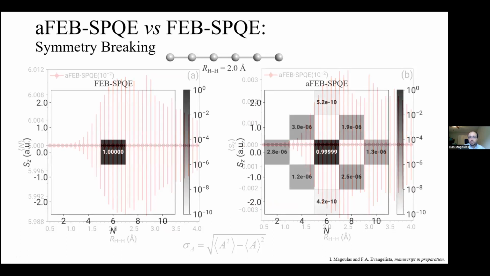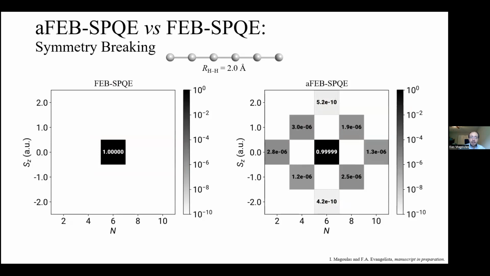The definitive proof comes from these plots. What we plot here is the contribution to the wave function of the various symmetry subspaces of the Fock space. On the left, we have the parent method, and there is no symmetry breaking here. We see that 100% of the wave function has SZ equals 0 and N equals 6, which is good.